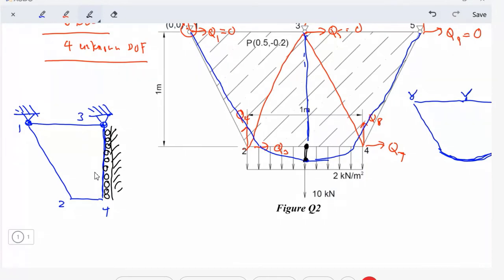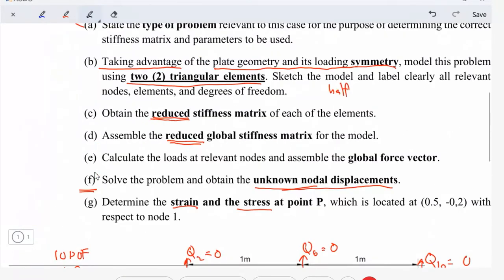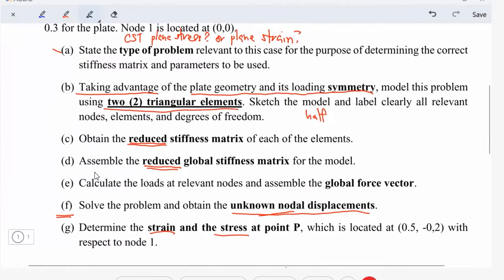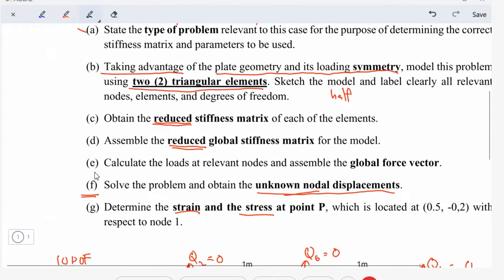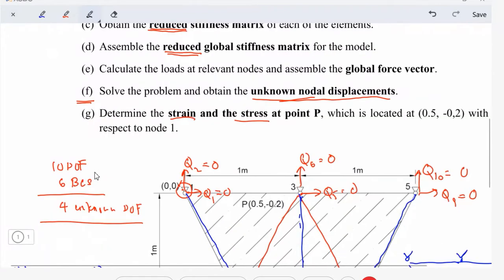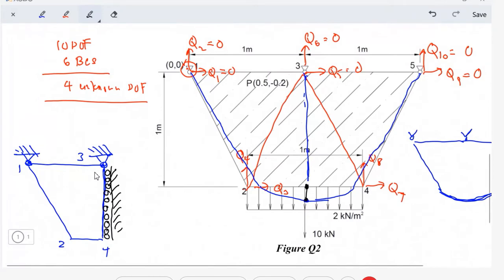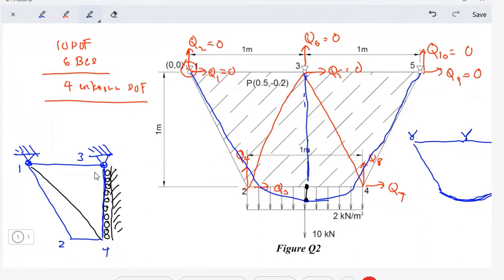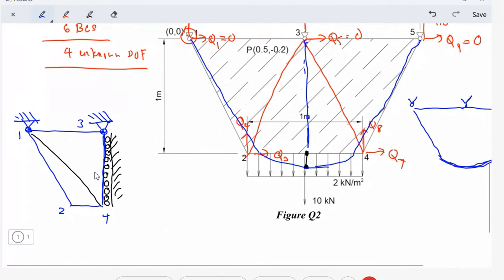Before that, let's look at the second question. It asks: model this problem using two triangular elements. So how do we divide this into two triangular elements? Can we use it this way? These are two triangular elements, right? 1 and 2. Or should we use it this way?